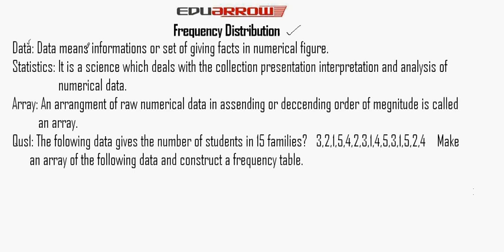Data means information or a set of given facts in numerical figures. The second point in this unit is statistics. It is a science which deals with the collection, presentation, interpretation, and analysis of numerical data.